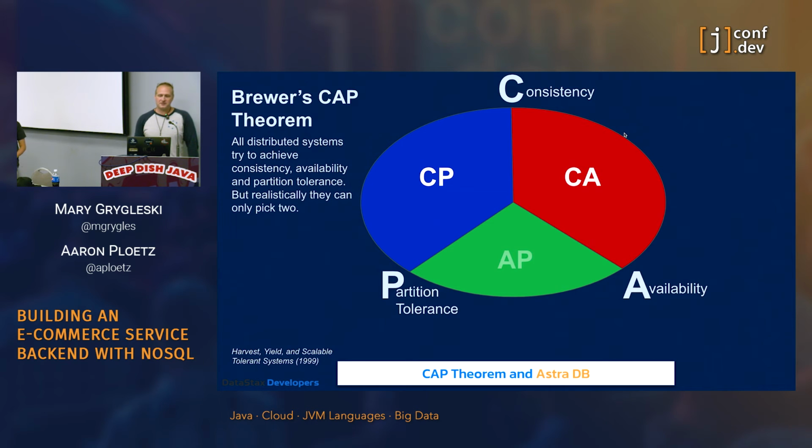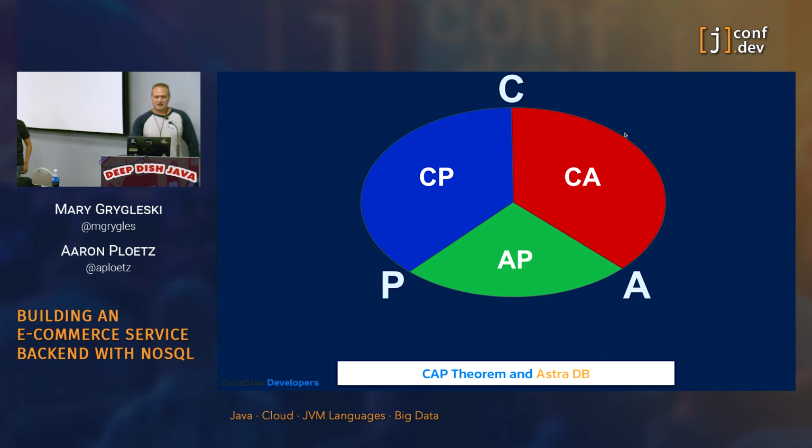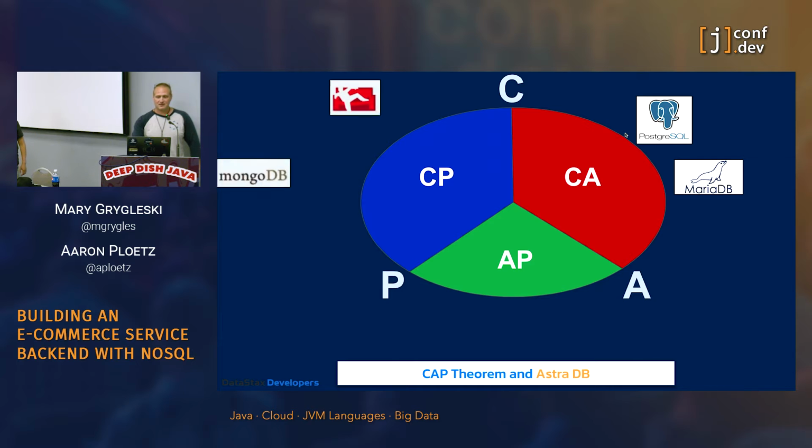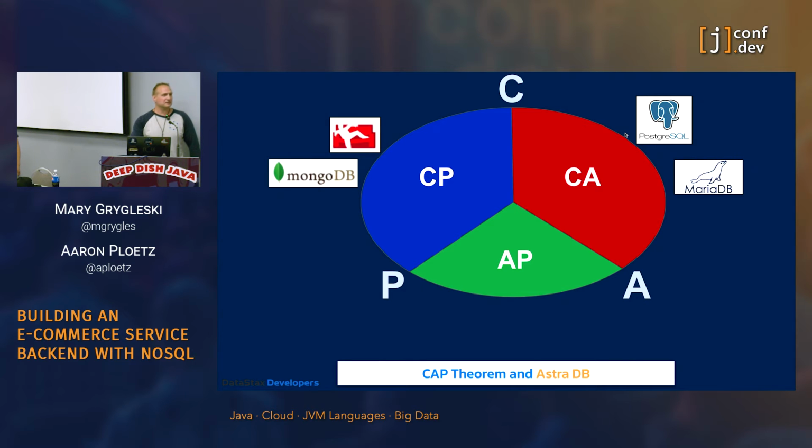So then you get your data store systems classified as your CP, your CA, like the relational databases, and then AP. When it comes down to it, you've got your relational databases, like I mentioned, in the CA world. Your document stores do tend to be CP. Now, this is just out of the box. Some of these can be configured on the fly to lean one way or the other, or lean away from how they're engineered.